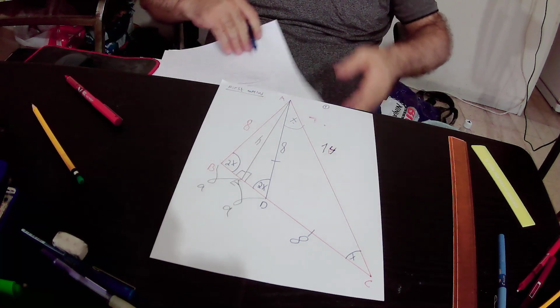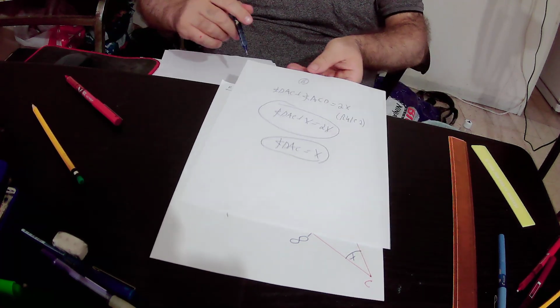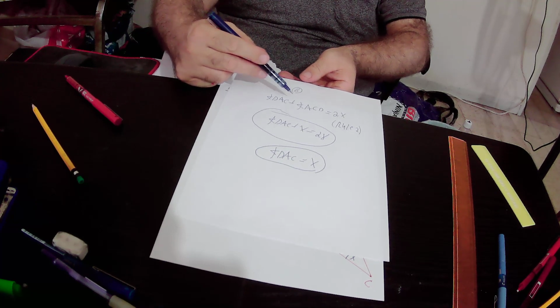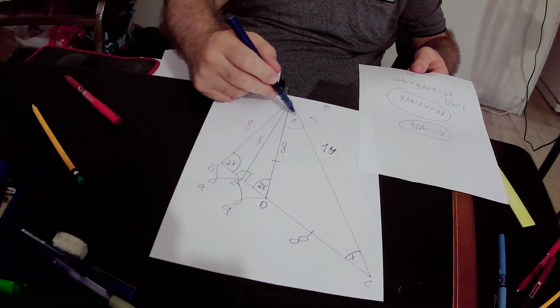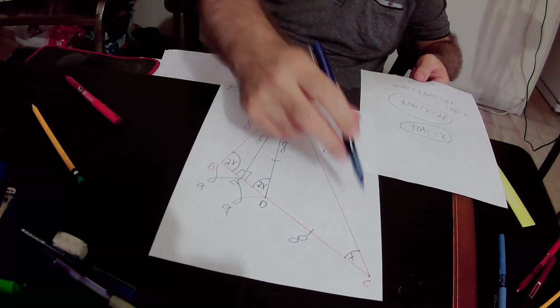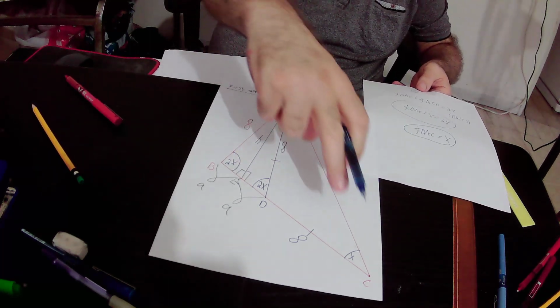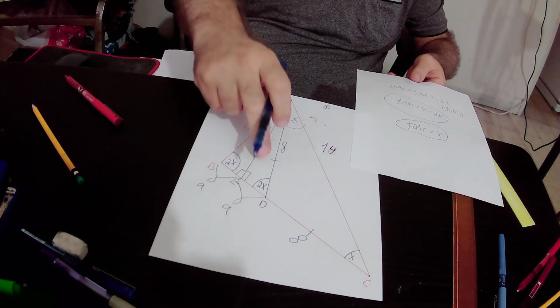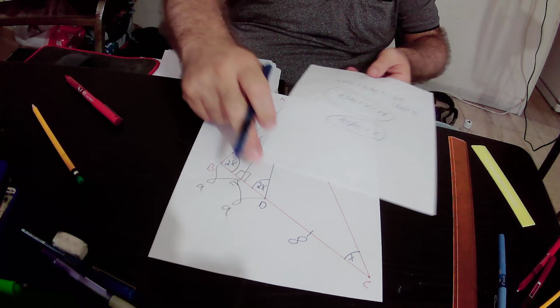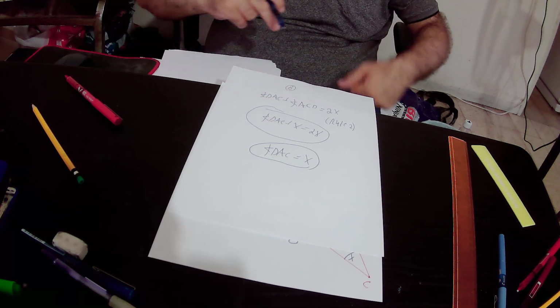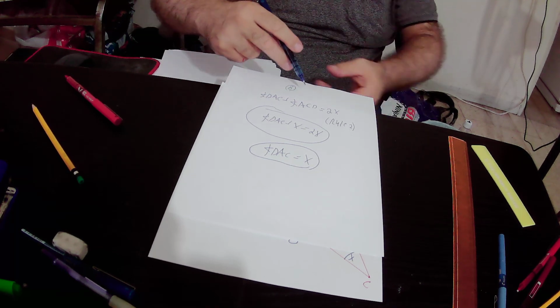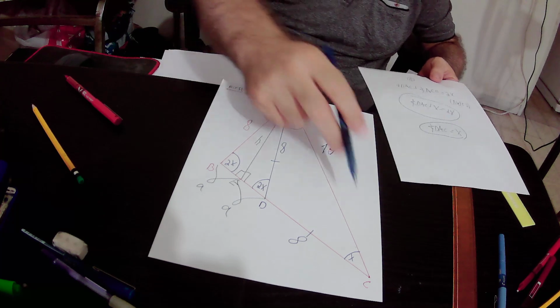Again, according to rule number 2, angle DAC plus angle ACD equals 2x. But we know that angle ACD equals x, it is given.